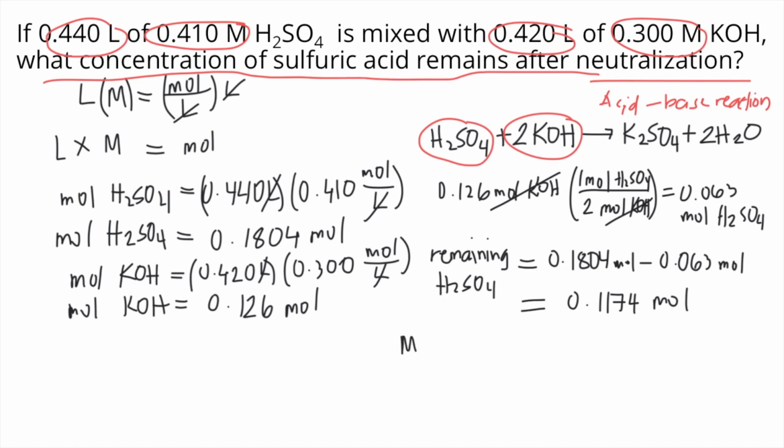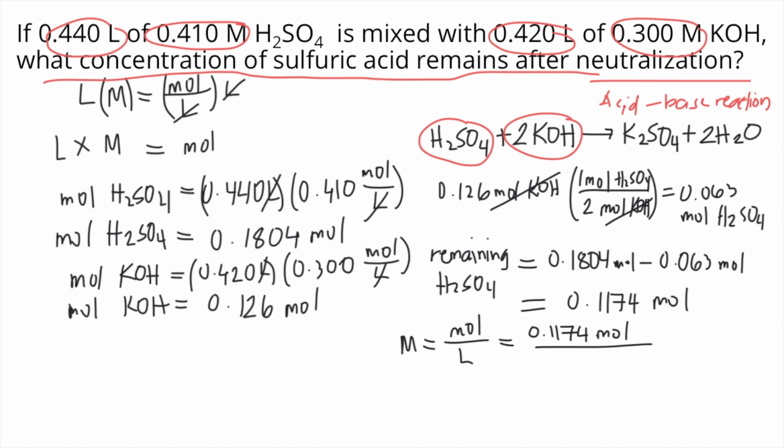Concentration or molarity is just moles per liter. So moles would be the remaining moles of H2SO4, that's 0.1174 moles, divided by what would now be the liters.